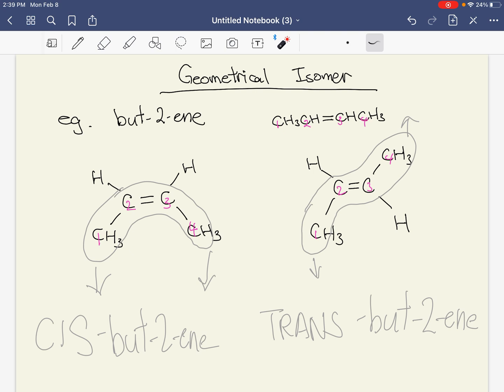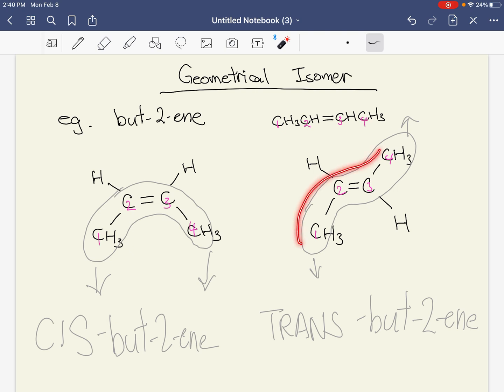Okay? So, just to give you a summary, if you number the carbons according to how you number it when you draw it, and the numbering gives you the overall direction where they're sticking at the same side, I guess, geometrically, that's a cis configuration.